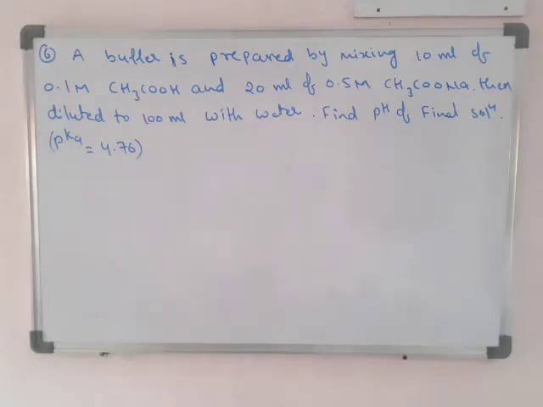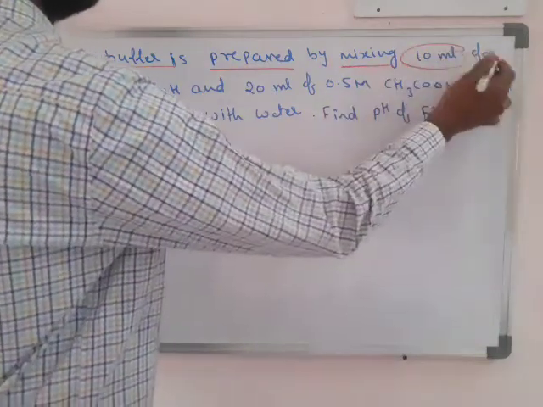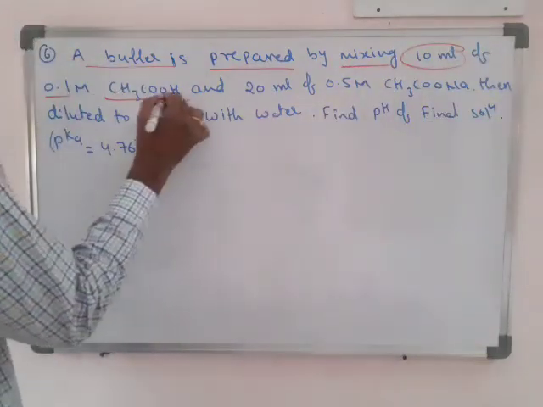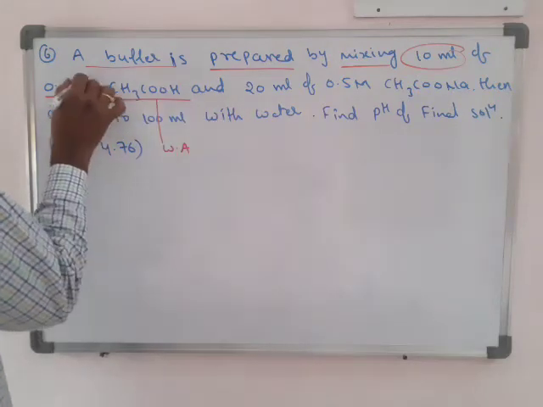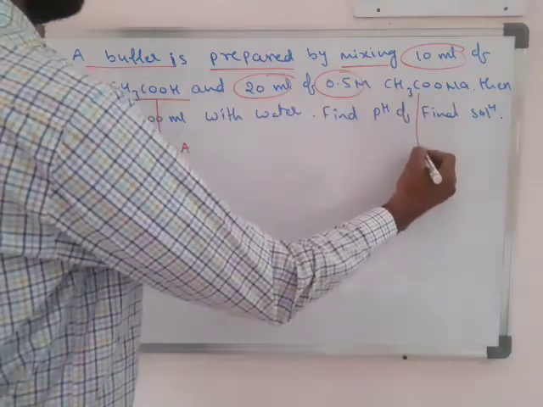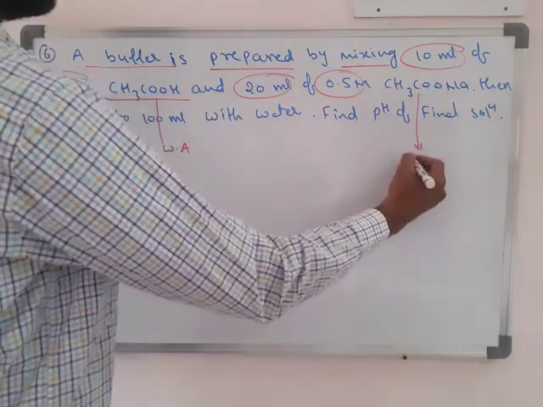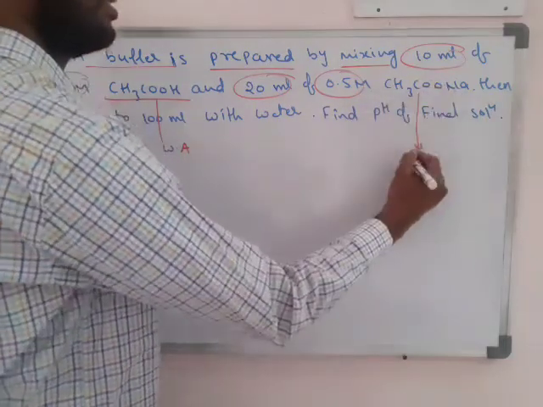Okay, see one more question. A buffer solution is prepared by mixing 10 milliliter of acetic acid, we know it is a weak acid, 0.1 M, and 20 milliliter of 0.5 M sodium acetate. Actually this is the salt of this weak acid with the strong base NaOH.